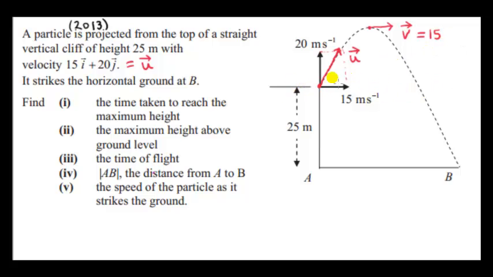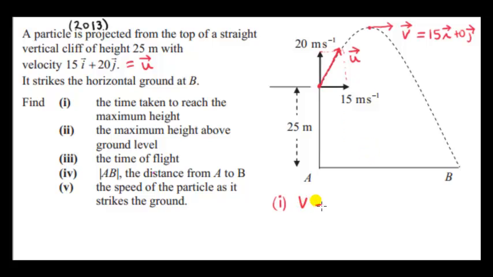So it's 15i. I can put in the 0j to emphasize that vertical component is 0. It's only the vertical component that's changing because the resultant force on the particle is vertically down. So the acceleration of the particle is entirely downwards by Newton's second law.